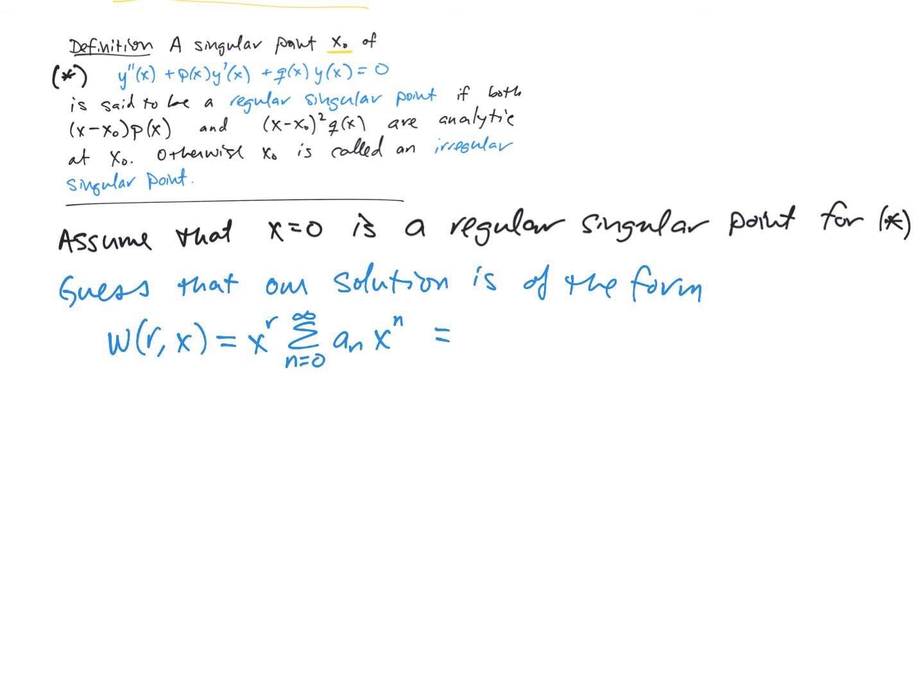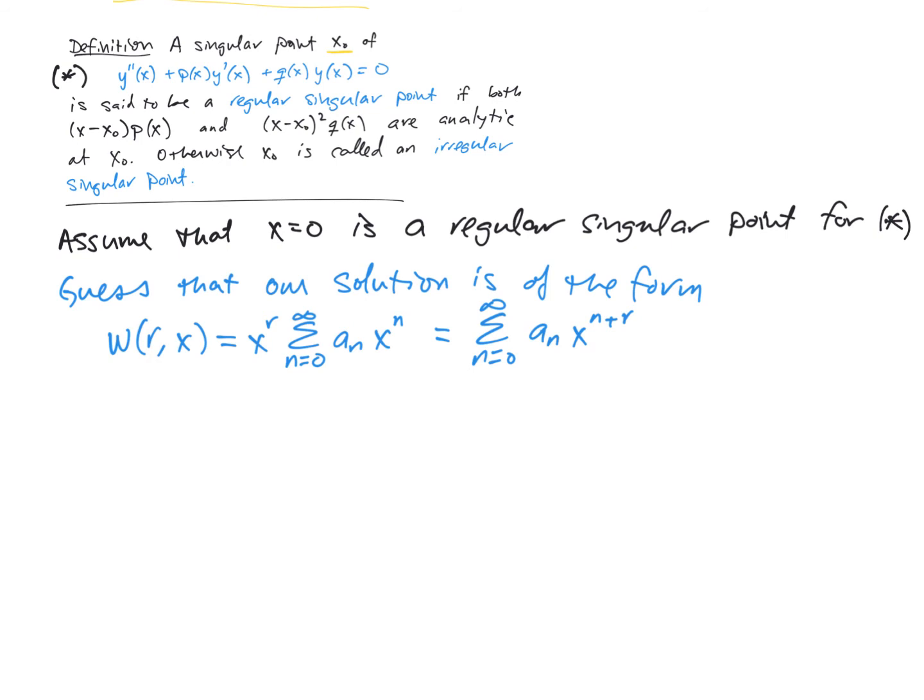And then we can pull that x to the r in. So this looks like the sum from n equals 0 to infinity of a_n x to the n plus r. So we need to figure out all of the coefficients a_n, and also what r is. And once we have those things, then we'll have our solution. So we'll see if we can figure out what they would need to be.